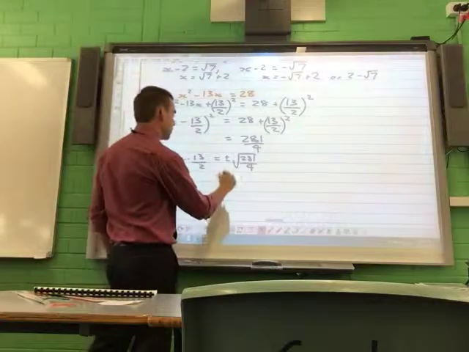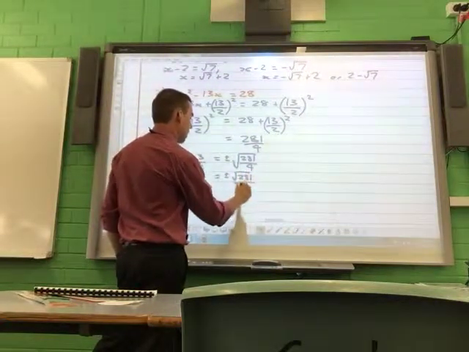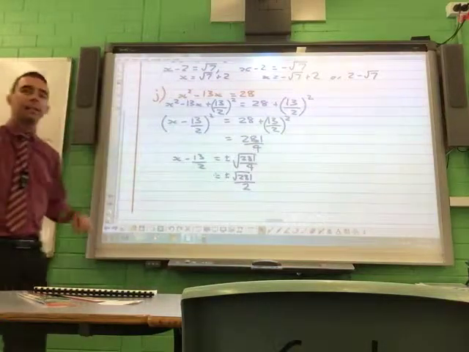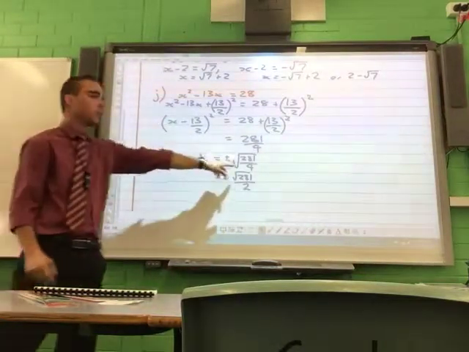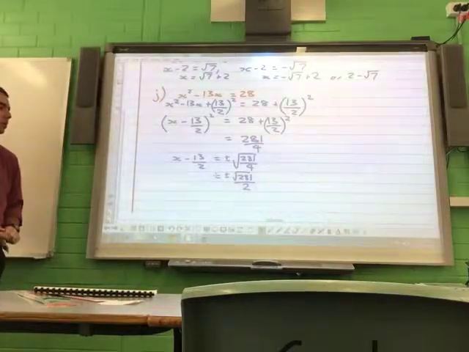Okay, which equals plus or minus the square root of 281 on 2, okay? Because I've taken the square root of 4, so always simplify surds to simplest form.